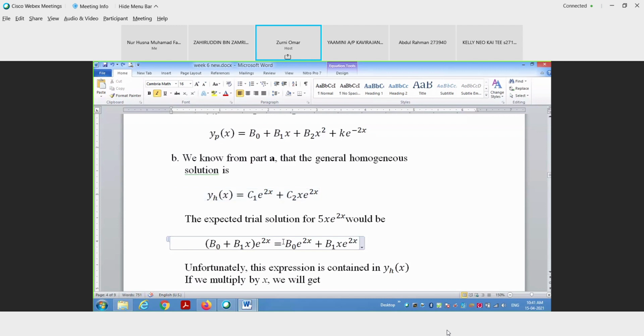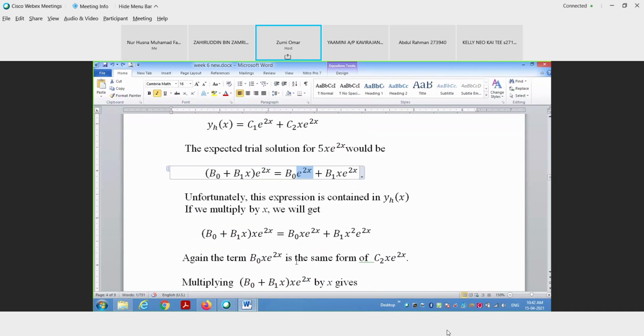In fact you have to compare b0 this dengan C1 dan dengan yang tu. Kalau sama sekalipun, you kena darab YP with X. Okay, so I check yang ni dulu. This one sama, because this one constant, C1 constant, B0 constant, and then exponent pun sama. Asalkan sama saja, I multiply YP with X.